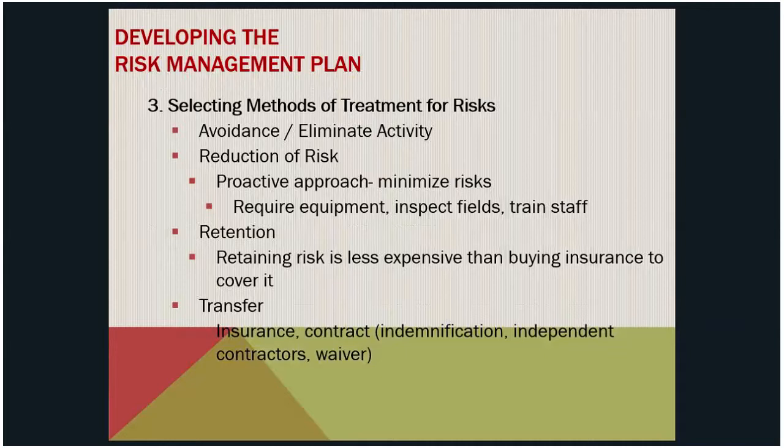Most often these aren't complete silos. We want to have an idea that we are going to continually reduce the risk incrementally as we move forward, and we want to find different ways to transfer our liability if possible, whether that's indemnification or using independent contractors or waivers that we've talked about in different ways.